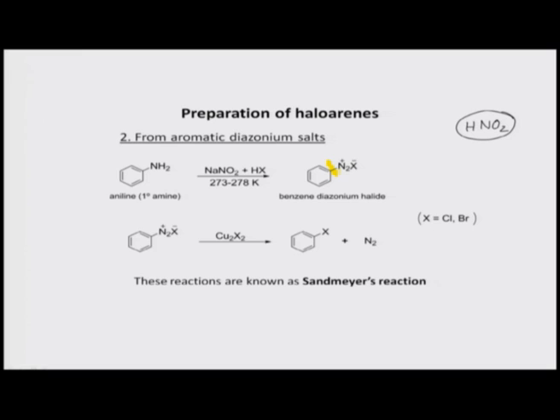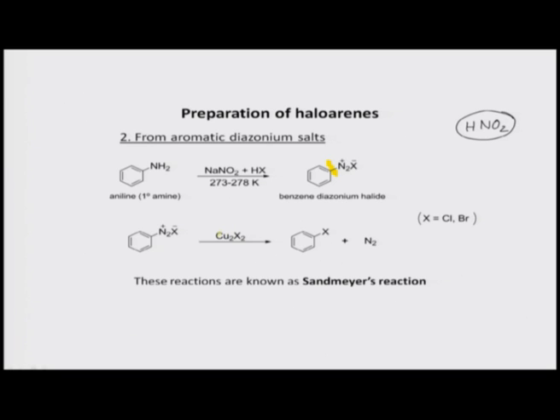One particular application is when you take this benzene diazonium halide and treat it with a cuprous salt such as Cu2X2. This can also be written as CuX, there is no problem, where X is normally chlorine or bromine. Then we get the corresponding haloarene plus nitrogen. So, the reaction proceeds this way. We already have an aryl diazonium halide, and you can see an X minus formed there.